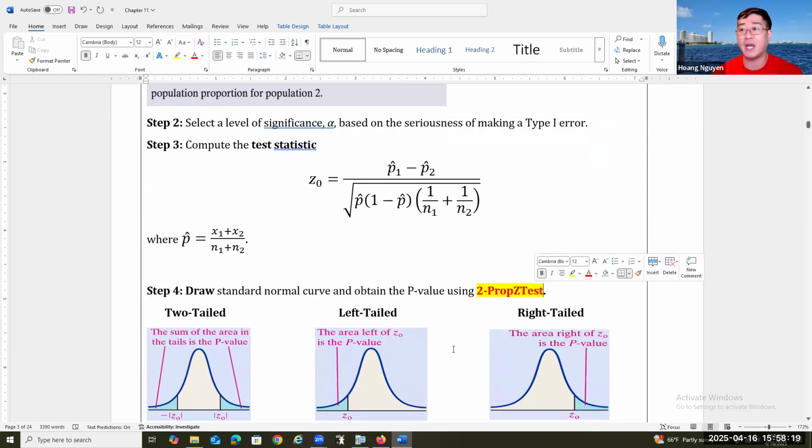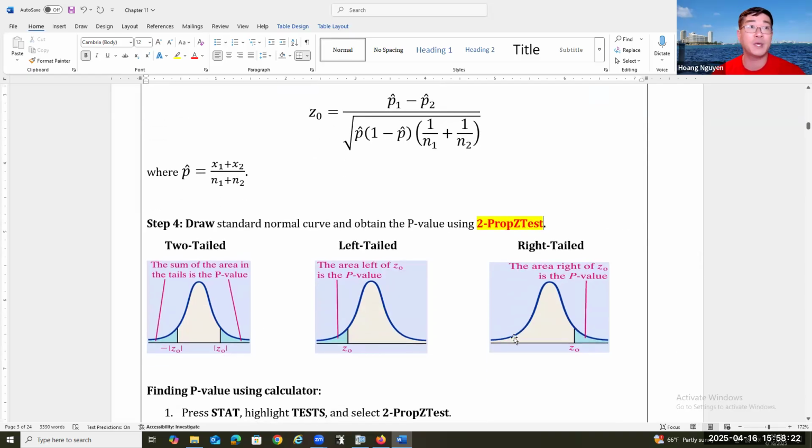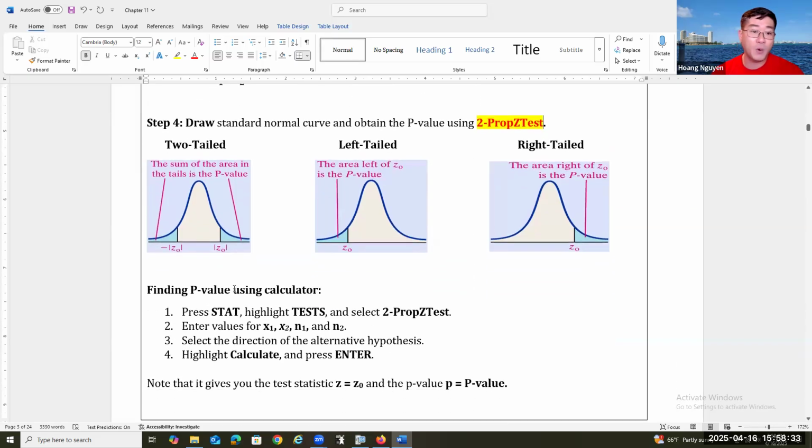The calculation of the p-value depends on the number of tails that we have in the hypothesis. So this is the shortcut we use to get the answer for the p-value.